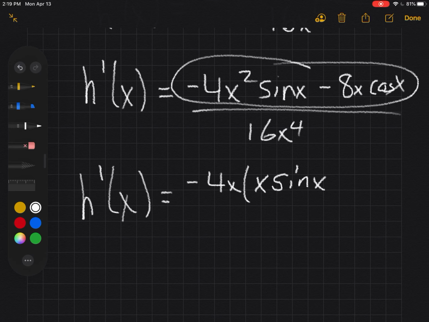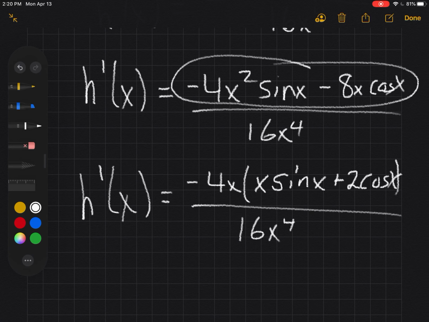And that's going to be h prime of x equals negative 4x times x sine x plus 2 cosine x, all divided by 16x to the 4th. I found that greatest common factor so that I can do some cancellation at this step.